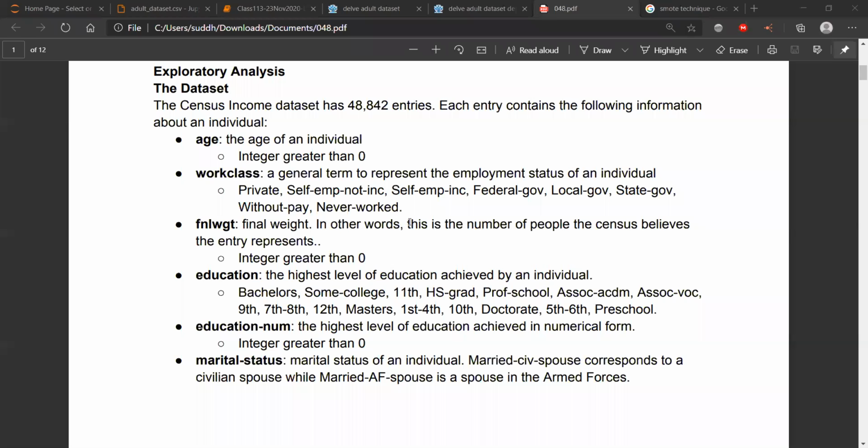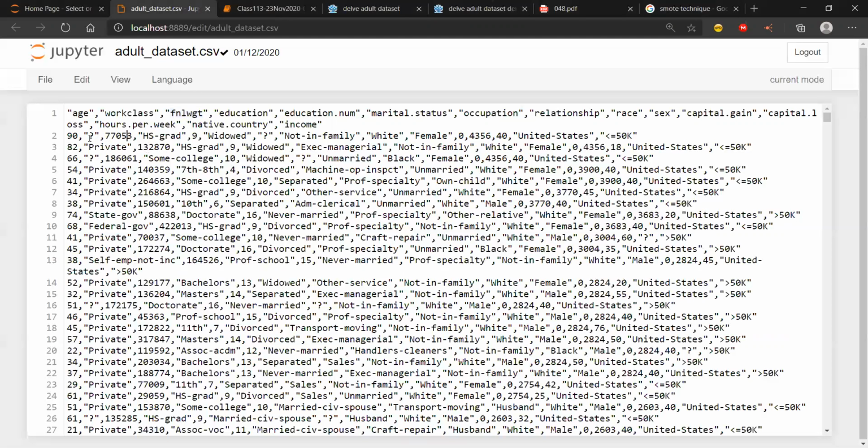What is FNLWGT? I got the definition, but I'm not able to understand the meaning. Even I have a confusion, but what it says is: final weight. In other words, this is the number of people the census believes the entry represents. So for this entry, the FNLWGT is this.